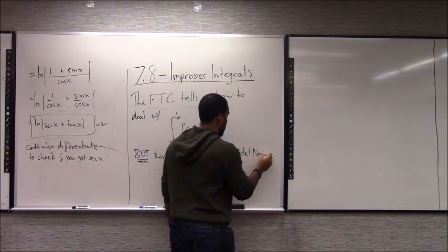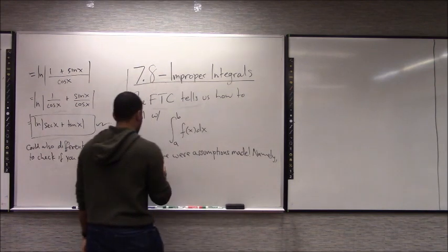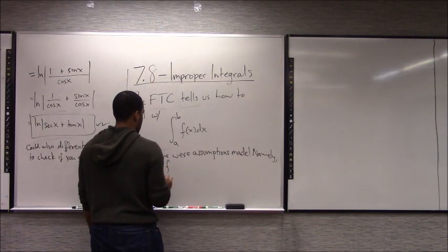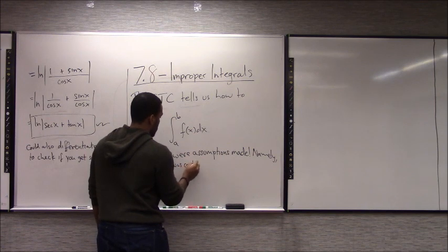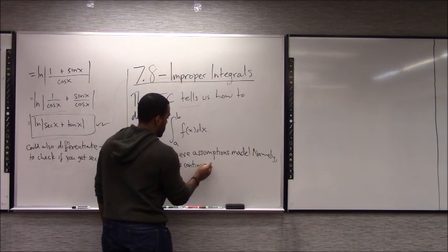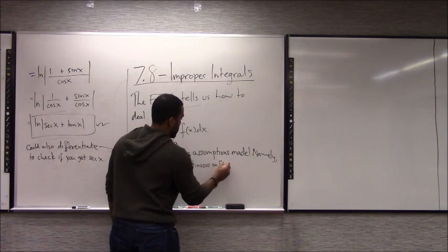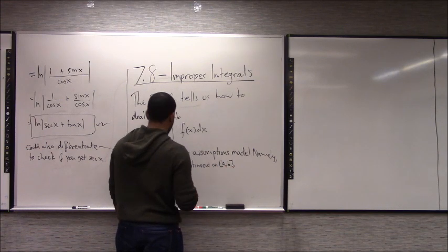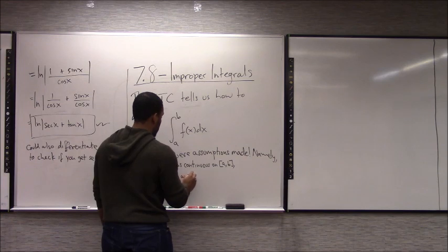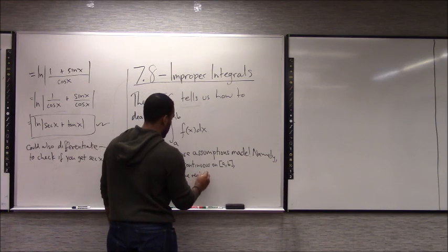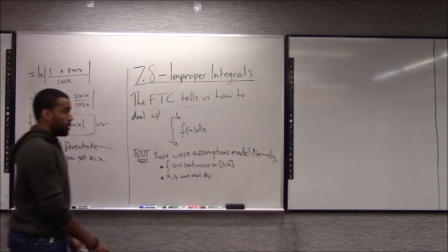Namely, 1, we assumed that f was continuous on [a, b]. 2, we assumed a and b are real numbers, so it's a length of finite space.